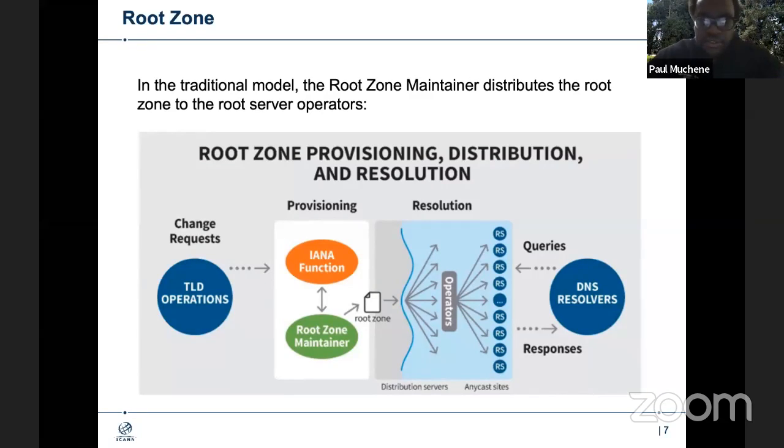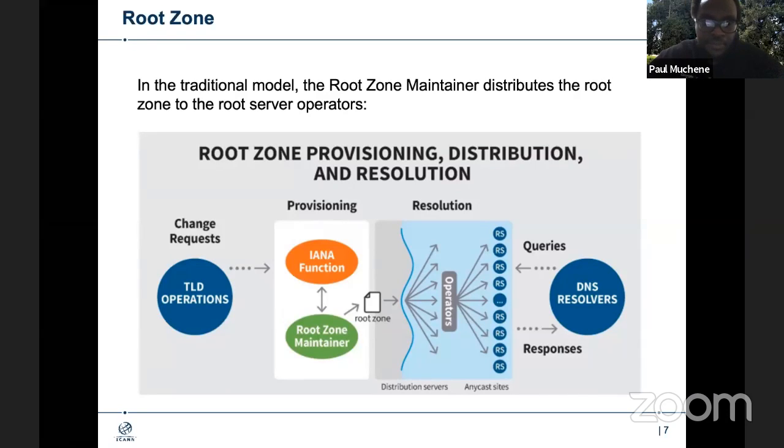On publishing, the root zone is distributed to the operators that maintain the root servers. There are 13 labels, but 12 operators. Each of those operators gets an exact copy of the root zone without it being altered. It should never be altered.